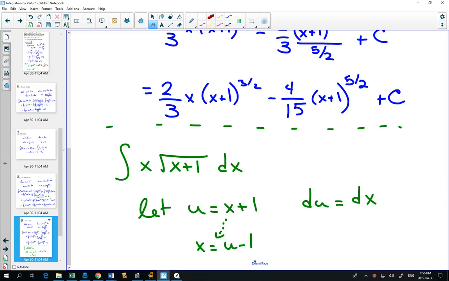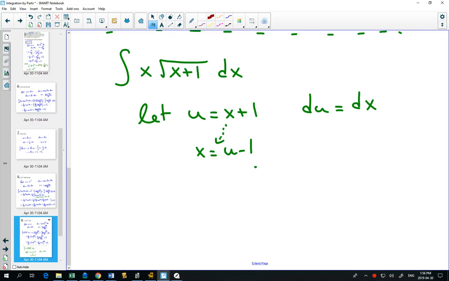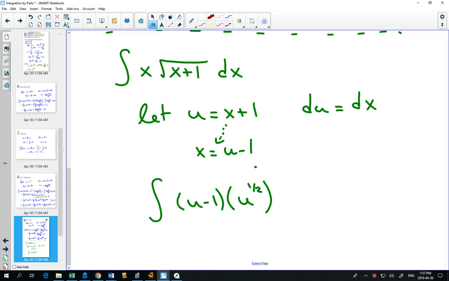And if I do that, I have three things I can now substitute into my formula. My integral becomes, instead of x, I can write u minus 1. Instead of square root of x plus 1, I can write the square root of u. Are you okay if I change that to u to the 1/2 right away? And instead of dx, I can write du.